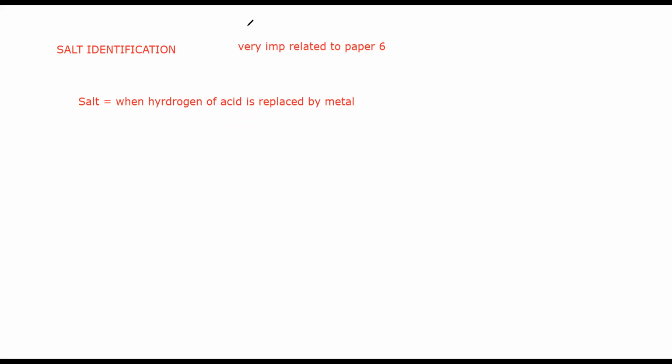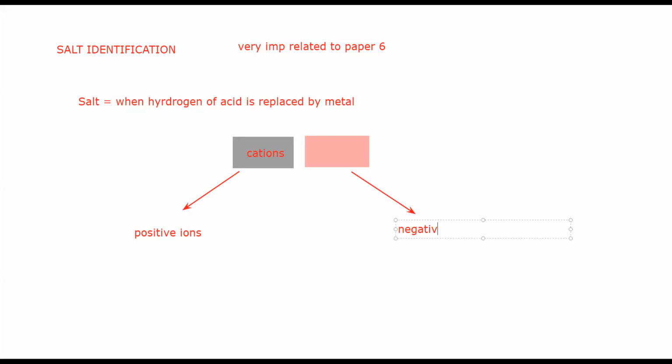So when they are ionic compounds, they contain two things: the positive ion and the negative ion. The positive ions tend to move towards the cathode, so positive ions are known as cations, whereas negative ions tend to move towards the anode.